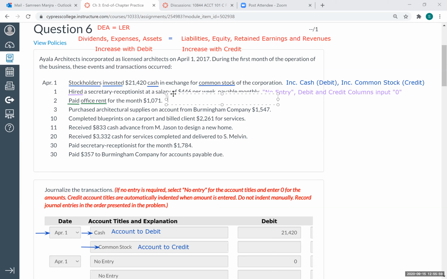Because I have the word paid, I have a decrease in cash. That will be a credit. And I have an offsetting recording to rent expense as a debit.